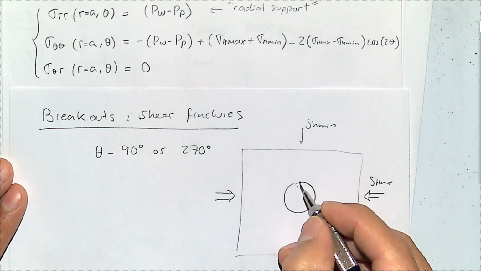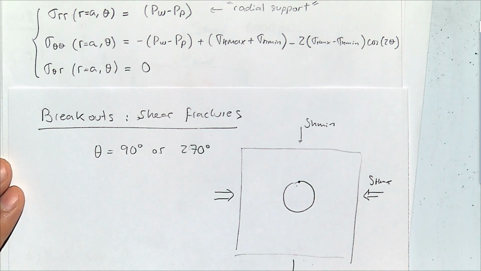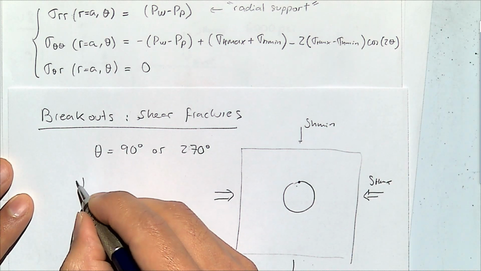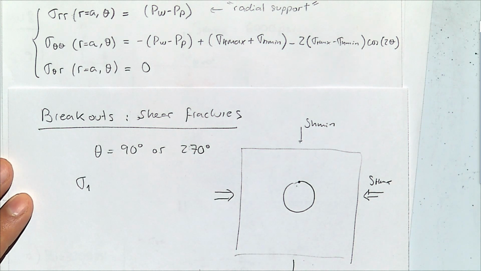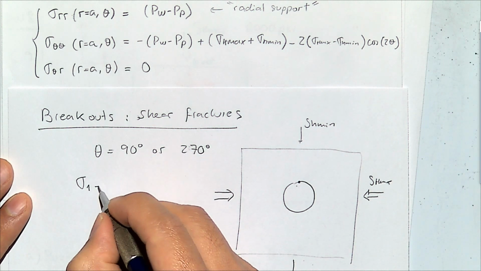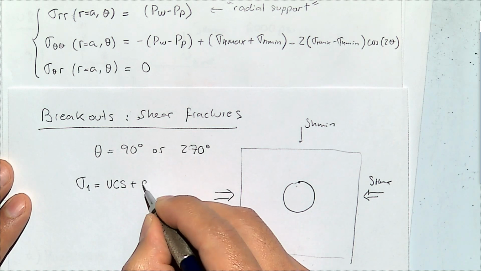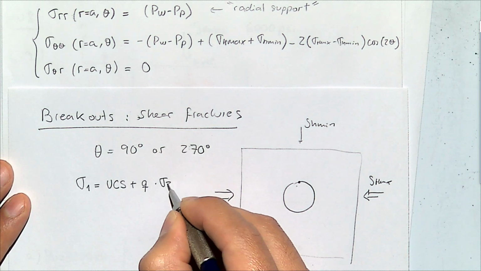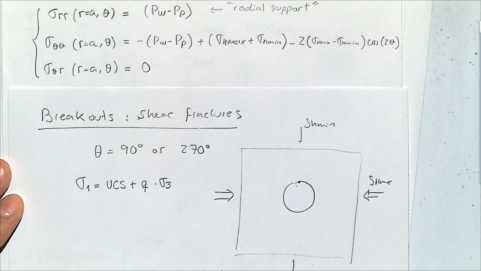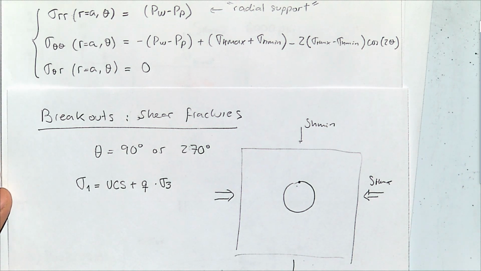Okay, at this particular point, we're going to look for conditions in which sigma 1, the maximum effective principal stress, is going to be equal to UCS plus Q times sigma 3, an equation that we already knew, but now we're going to apply it to this context.